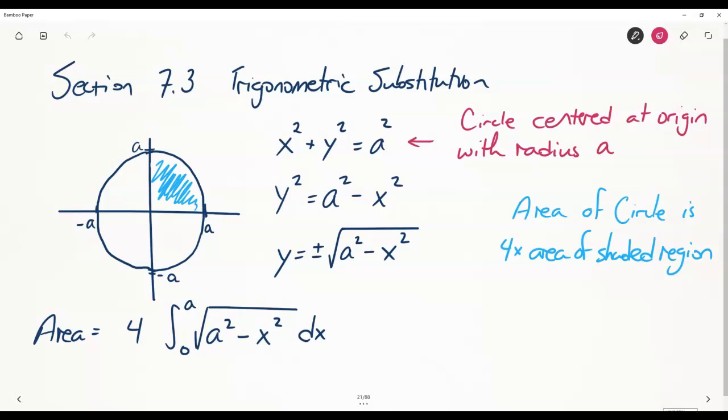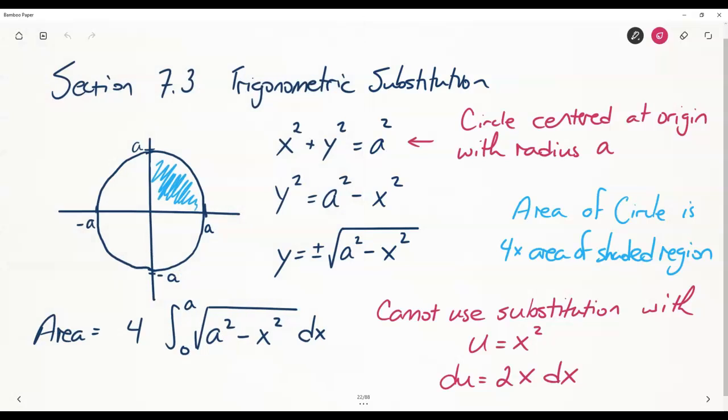There it is. So the area of the circle is 4 times the area of this top semicircle integrated between 0 and a. Now, a is a constant. That's all it is.